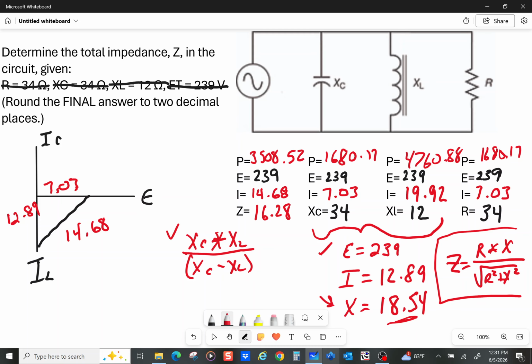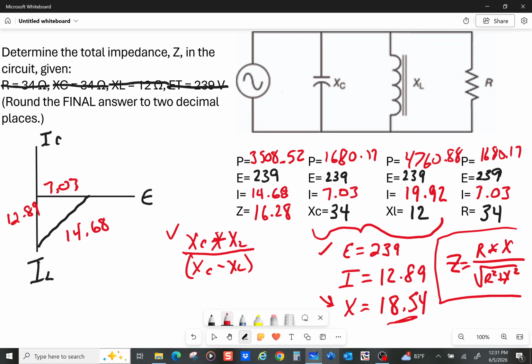Now, if you are a fan of solving for power factor by using true power over apparent power, we can do that. We don't need to do any additional steps. But if you want to use your power triangle to check your answers, you have to keep in mind that your inductive power and your capacitive power are 180 degrees out of phase from each other. So you would have to subtract 4760.88 minus 1680.17, and that would be your vertical component for your power triangle.